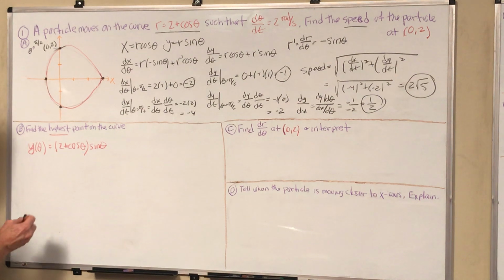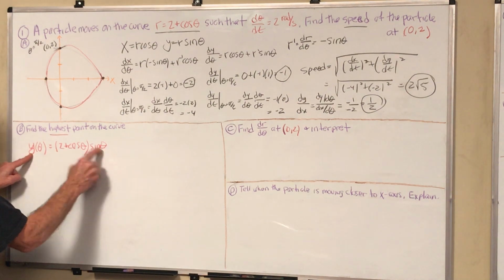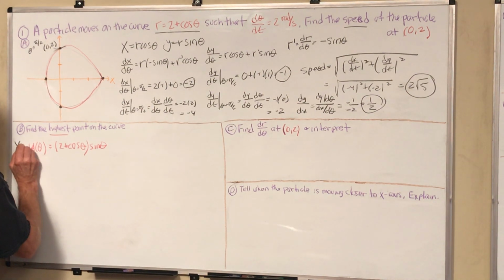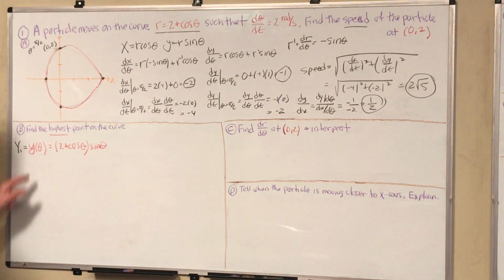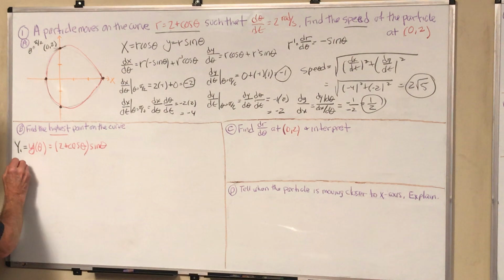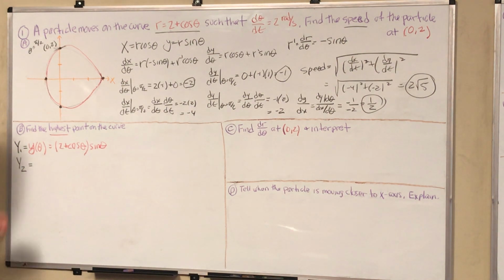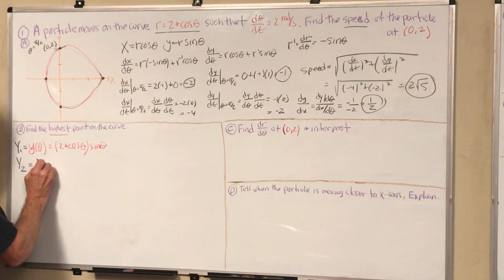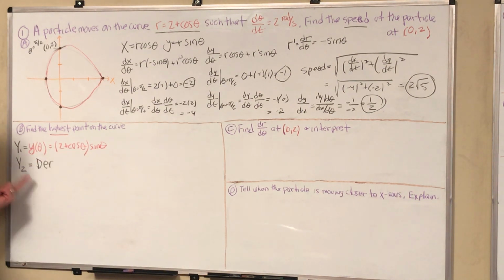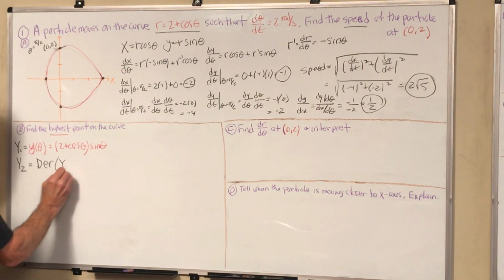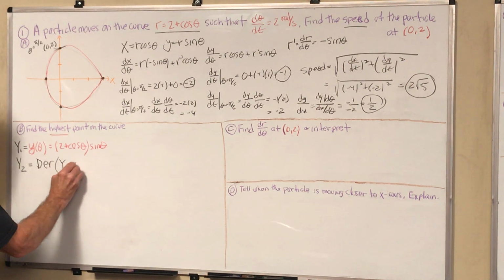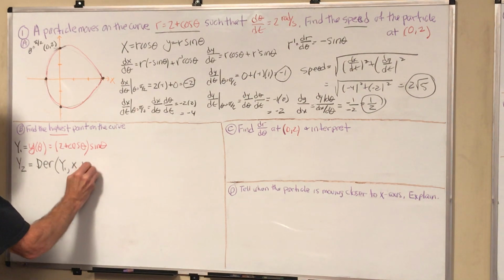So what I'm going to do, I'm going to put this in y1 equals. And then in y2, another function, I'm going to take the derivative, however your calculator does it, and give it y1 as a function, and say you want to do it at all values of x.